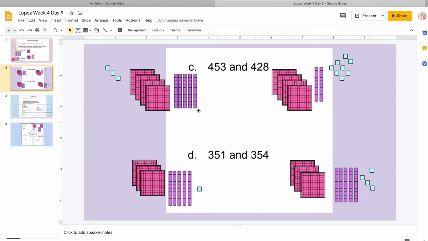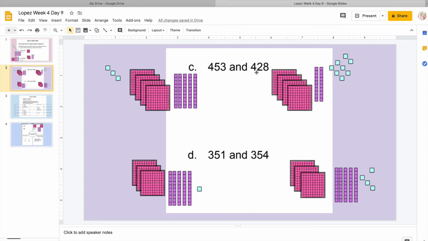Okay, and we're going to move on to the next 2 parts of our math task. Again, doing the exact same thing. We are comparing those numbers using pictures. So just draw those base 10 blocks to represent each number. You can either count the base 10 blocks or you can compare based on the place value. We have 453 and 428, and we need to determine if 453 is less than, greater than, or equal to 428.